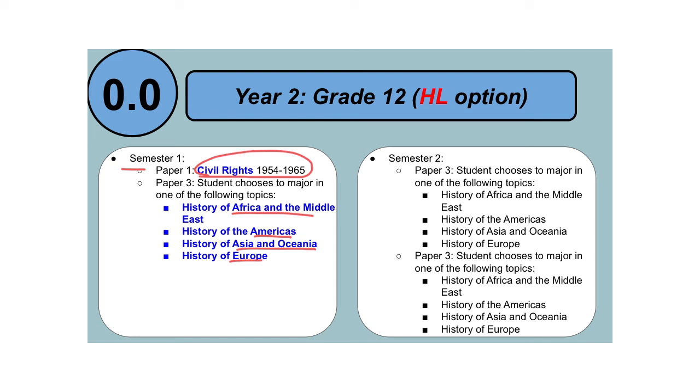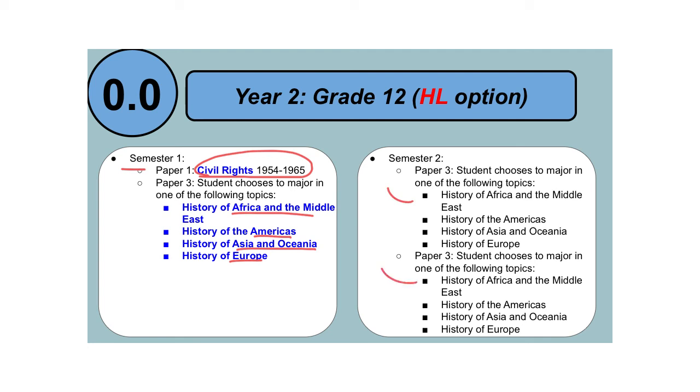So yes, that might sound confusing, because your best friend might be working on history of the Americas, learning about the Mexican Revolution, while you are over here in history of Europe learning about the French Revolution, if that was your choice. So yes, it is going to look weird, but you get to choose which one of those topics you want to study further. Now, you will repeat that twice in second semester.